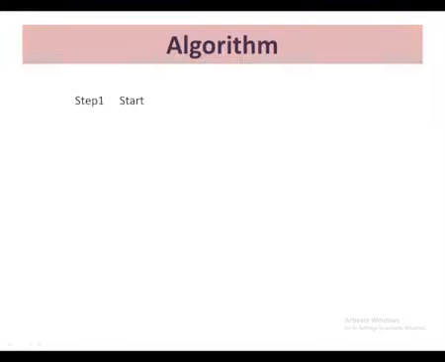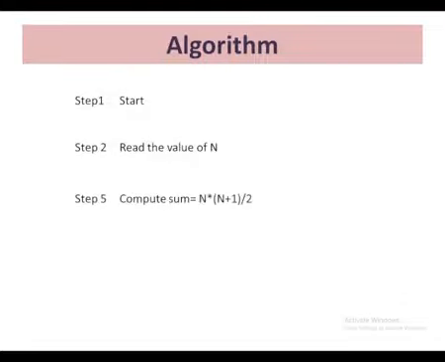So if I use this formula, what are the changes in the algorithm? I need to read the value of n, then simply compute sum is equal to apply the formula, n into n plus 1 divided by 2, that's all. I will display the sum and then I will stop. So other in-between steps will vanish.